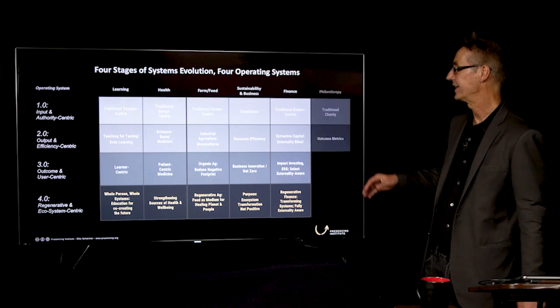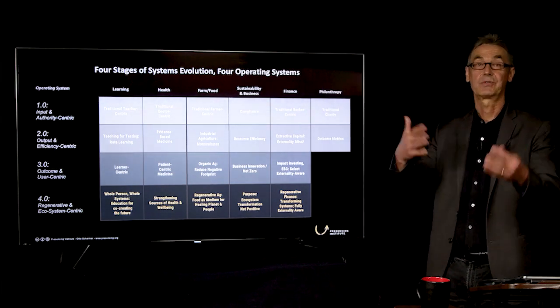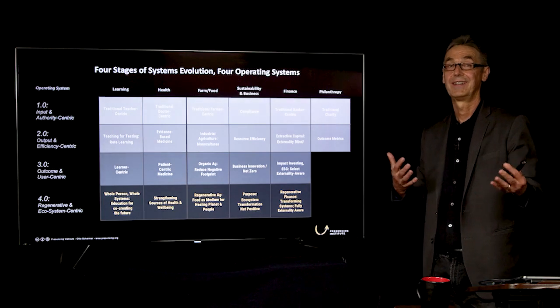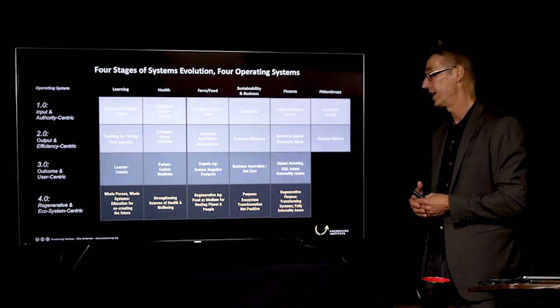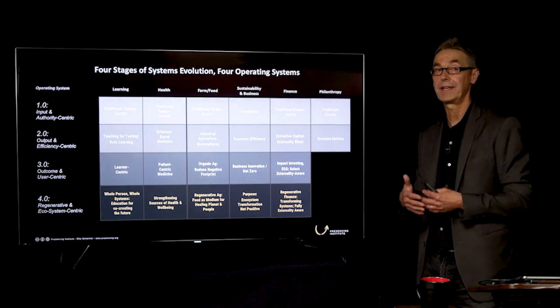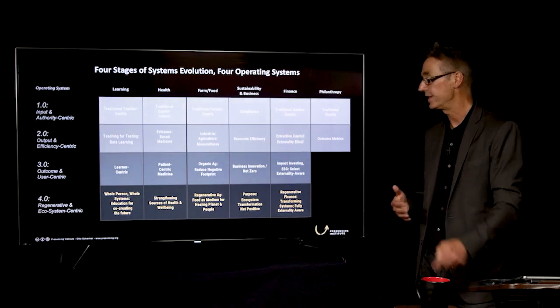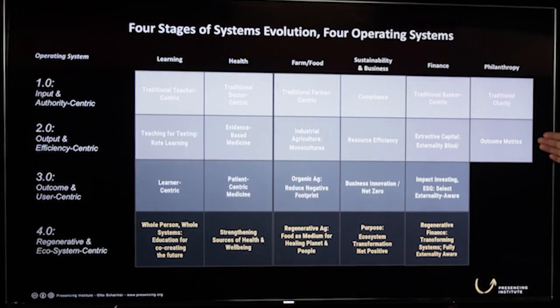And then lastly, philanthropy. Some of us, particularly in the NGO sector, rely on that as a significant source of getting new things going, even though it's not earning its own money, maybe in the first few years. What's that 2.0 version that's mainstream today? Outcome metrics, right? You need to measure the outcomes. And that has been hugely influential, particularly over the past 15 years.